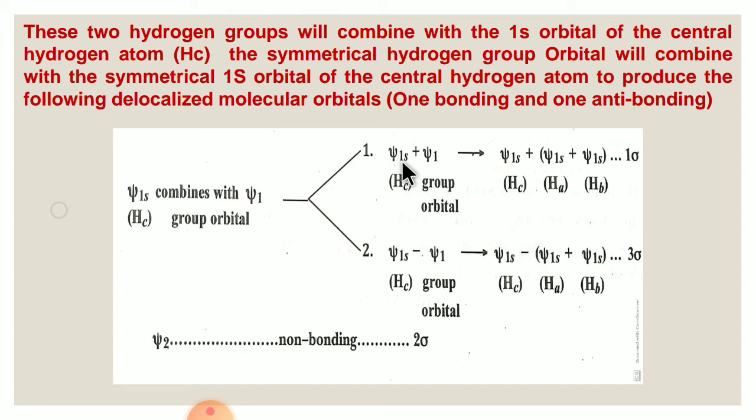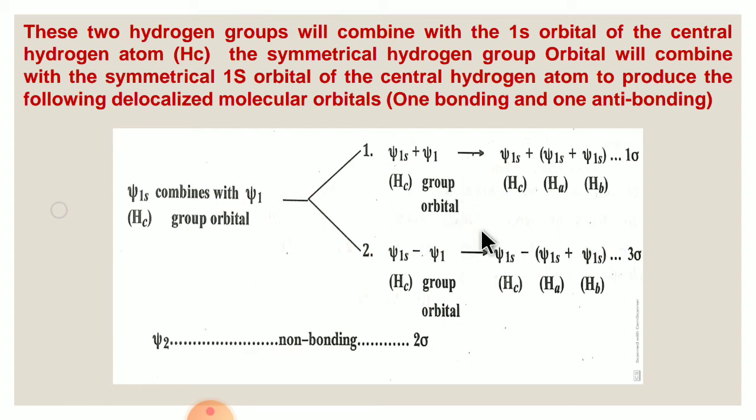Here Psi1s plus Psi1 combine to form the 1 sigma orbital, and Psi1s minus Psi1, these two being ligand group orbitals, that is HA and HB combined to form ligand group orbitals, which are further subtracted with HC, forms the 3 sigma orbital.